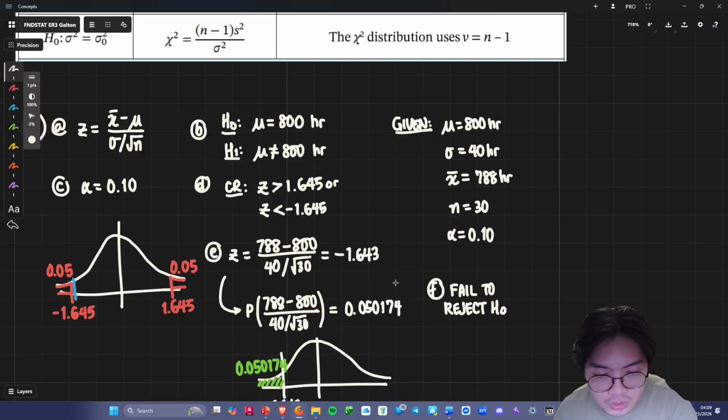Because we are choosing to fail to reject the null hypothesis, we're saying to manufacturers and to those willing to read our results that we are not sure that this is going to be a significant enough difference for 800. We're not 90% sure. We're only just a little bit less than that, and that is not statistically significant. Okay? That is your number one.